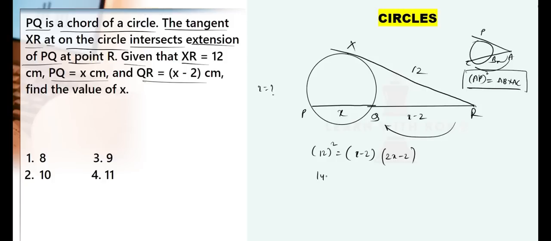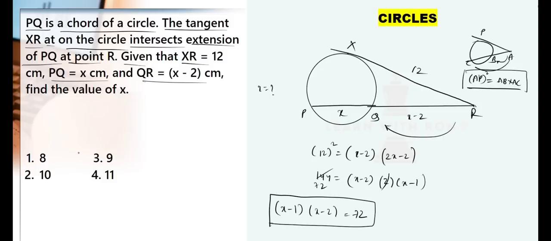12 square is 144. In x minus 2, I can take 2 common, so x minus 1, so 72. So we got the equation x minus 1 multiplied with x minus 2 is 72. So if we verify from the options, see here, if I take x value as 8, so I have to multiply 7 multiplied with 6, which is 42, not 72.